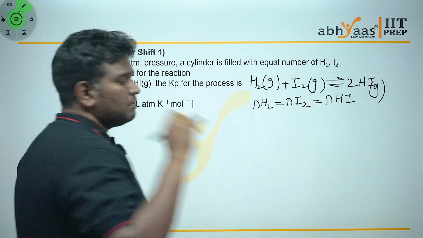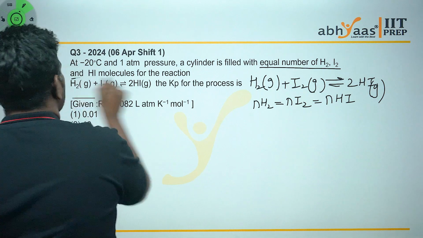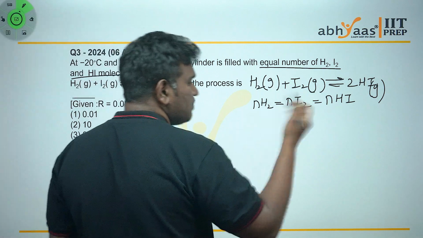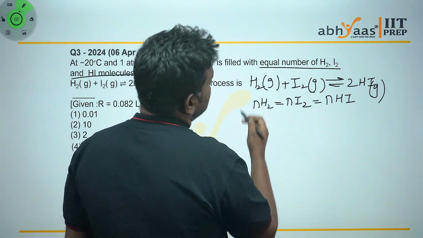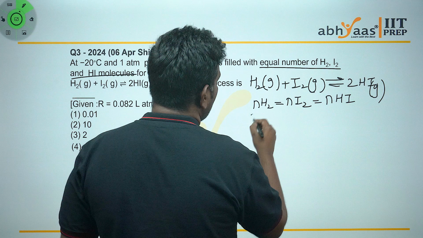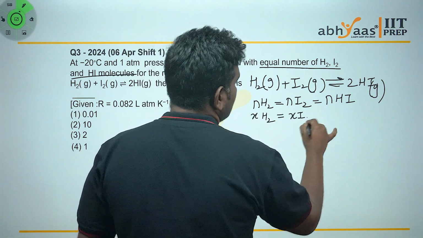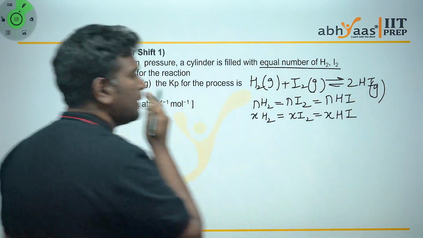This is the most important thing that we have to note down in this problem. If the number of molecules of these gases are the same, the mole fractions will also be the same: X of H2 is equal to X of I2 equal to X of HI. So let it be there.